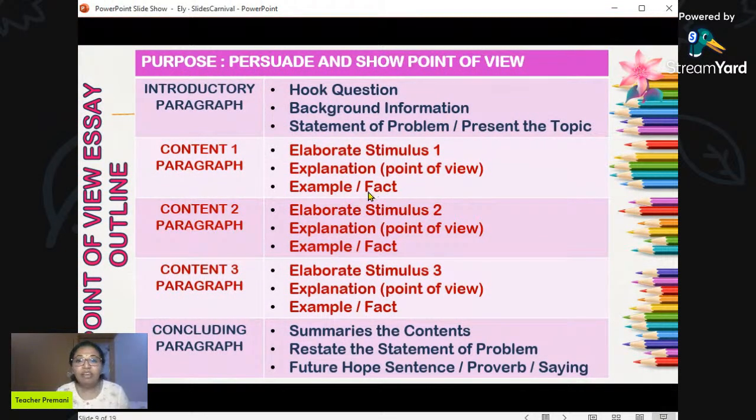Okay, so here the explanation and example can be joined. Okay, the first elaboration of stimulus one will be separately written. Okay, it will be displayed separately, but the explanation, the example or additional fact, will be somewhat mixed in the sentence. That's one way. Or you can put one sentence, two sentences, can be done both ways. Okay. So similarly for content 2 paragraph, content 3 paragraph.